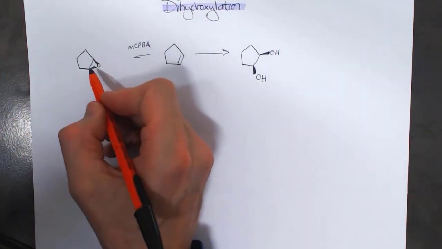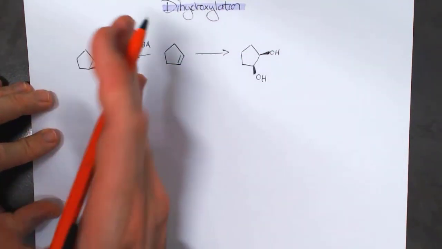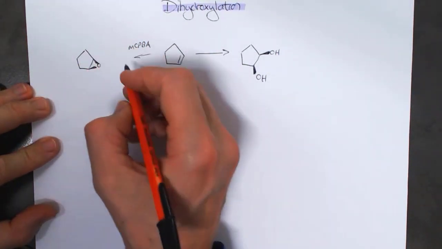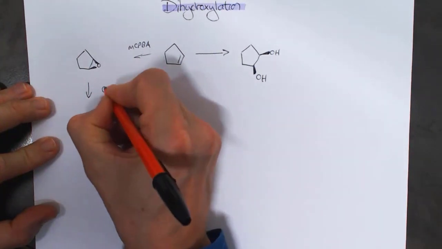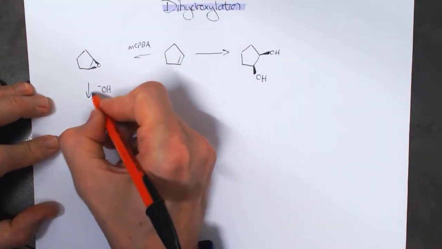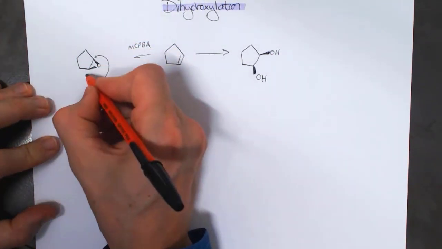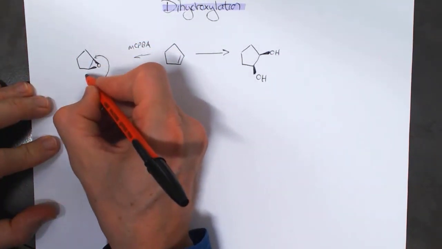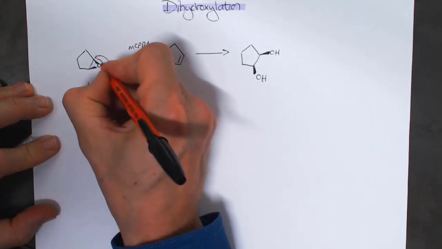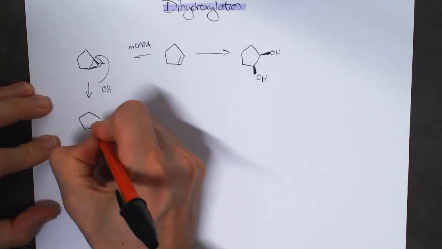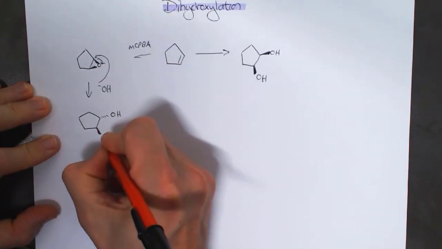Notice the stereochemistry. It's a syn addition. All of these things often end up being syn additions, if we understand the mechanism. So we add that. And then if we treat that with hydroxide, nice, good, strong nucleophile, it can come in and it doesn't matter which way it adds to, all right? But it'll add to either side in this case, but it gives us the dihydroxylated product.